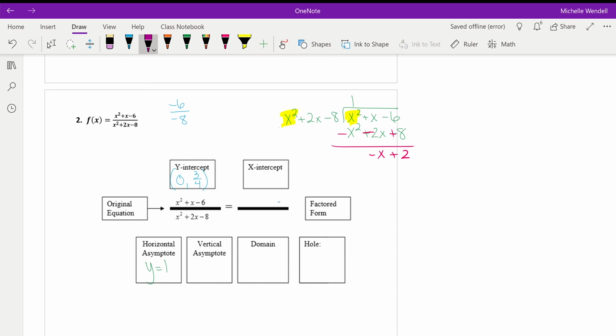Alright, so now to find the rest of the things that we need, we're going to factor this function. So that factors into x plus 3 times x minus 2 over x plus 4 times x minus 2. You'll see that we have x minus 2 in common, so that's going to create a hole at x equals 2.